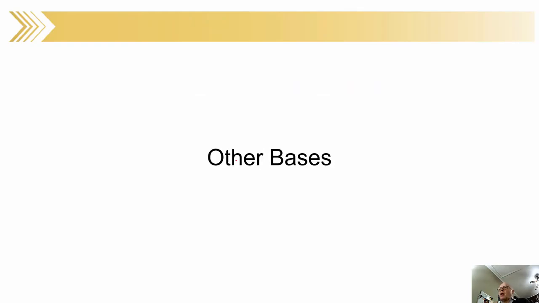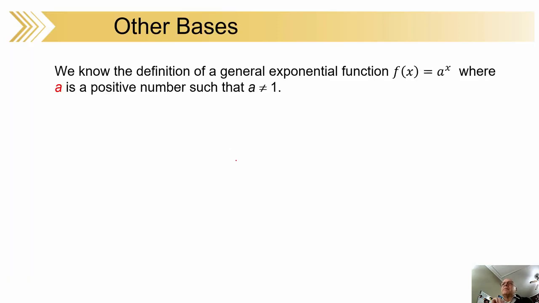However, what if we have a different base? The gold standard, of course, is e, Euler's number. And what if it's something else? Even if it's a 10, what do we do? Well, we've got a couple of extra formulas, but you can put those on a 3x5 card and have them ready for you.